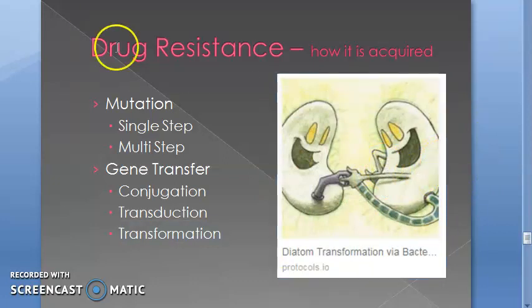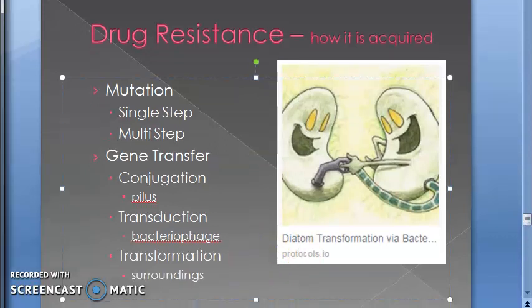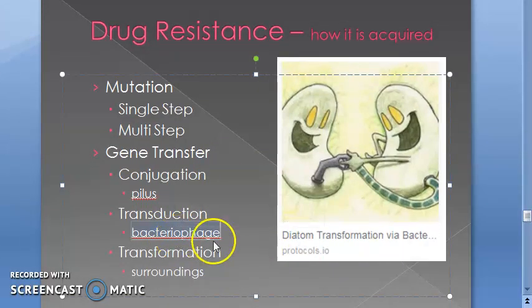In conjugation, what is happening? There is a sex pilus or a bridge, okay. These are some keywords. It is a pilus between two bacteria. In transduction, bacteriophages or viruses transfer the gene into the bacteria. Then transformation.